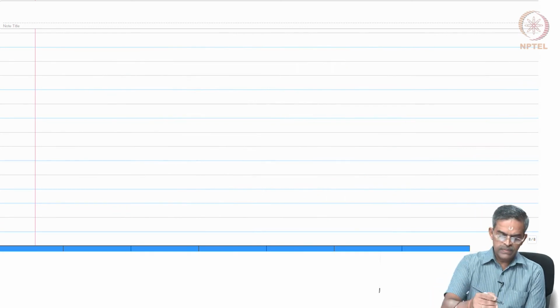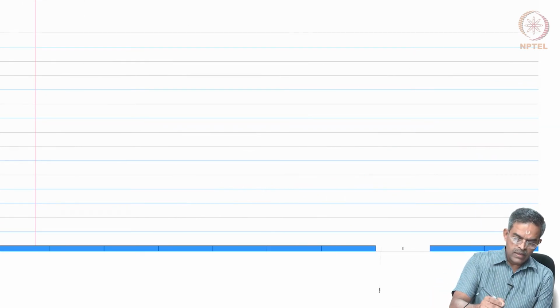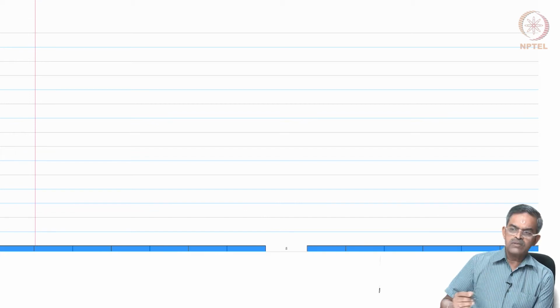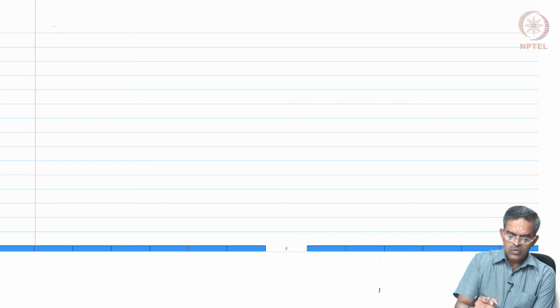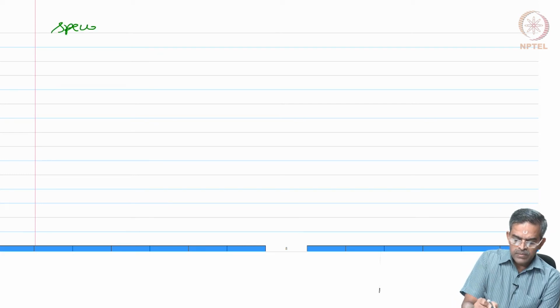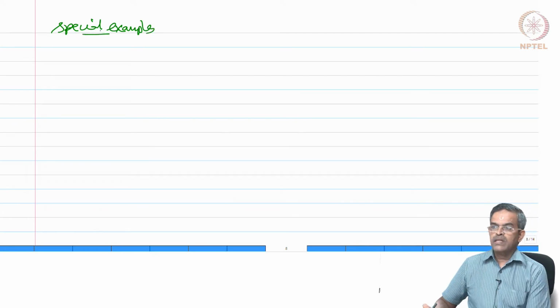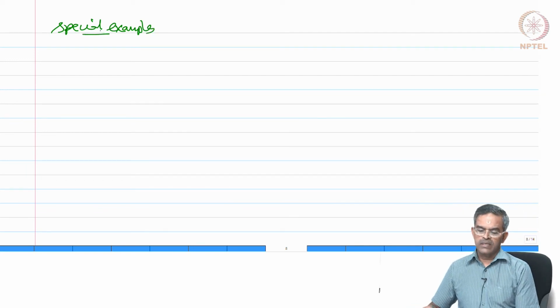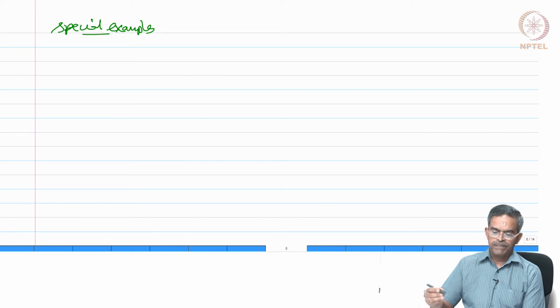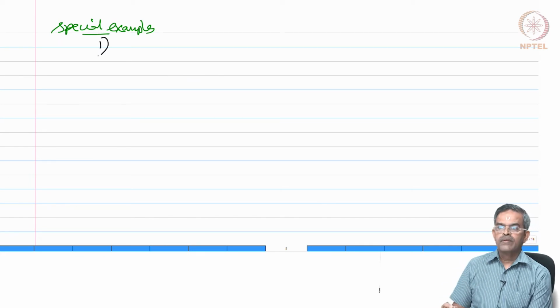Having said this, let us now look at examples where some tricky iteration is also involved. Let us do special examples where obtaining the collapse load is not that easy, slightly tricky. We will take an example 1.